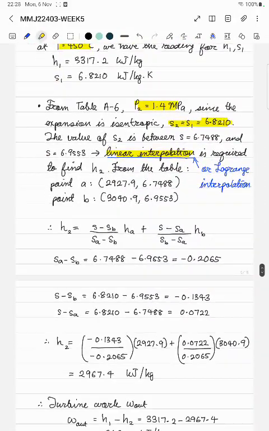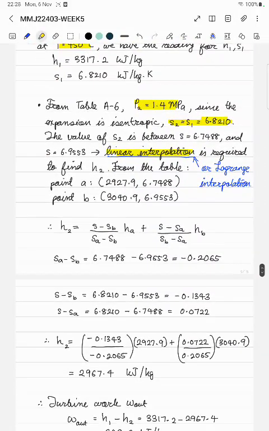So let's go back to our problem. We have linear interpolation, or to be exact, Lagrange interpolation. From our table, our value of S2 is in between S equals 6.7488 and 6.9553.